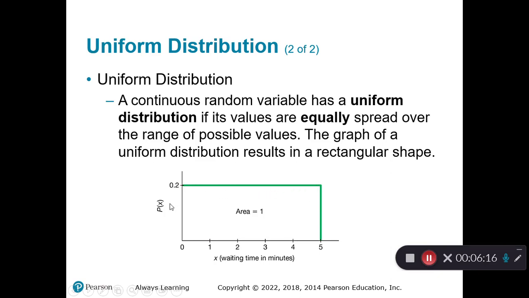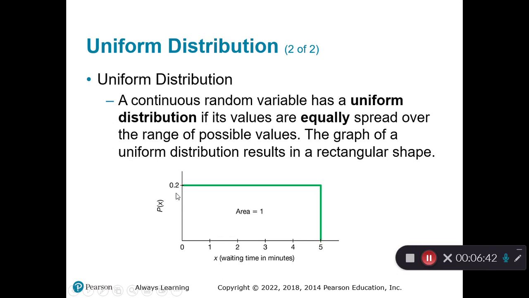I know that because the height corresponds to the probability of x. So if every wait time between 0 minutes and 5 minutes is equally likely to occur, then the density curve forms this kind of flat line segment hovering over the values ranging from 0 to 5.